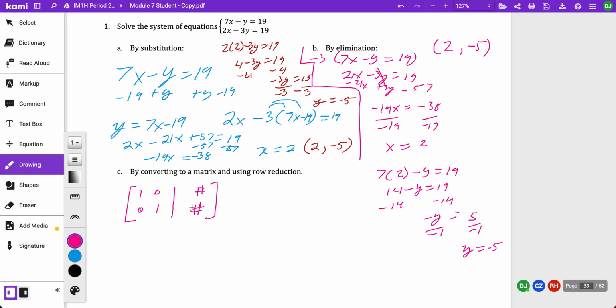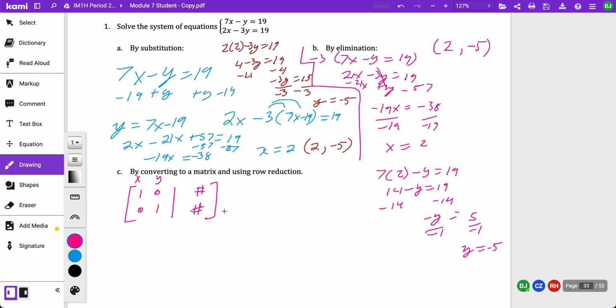So you're going to divide, switch places, multiply by negative 1, all that fun stuff when you add them up. This would represent a coefficient of 1 for my x, a coefficient of 0 for my y, and that solution would be the x value. Same is true for the bottom.